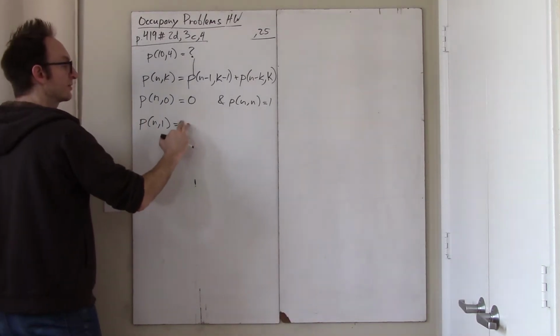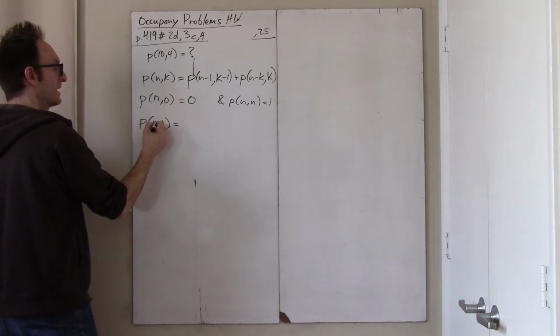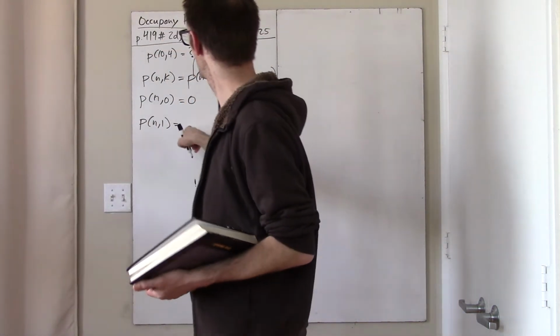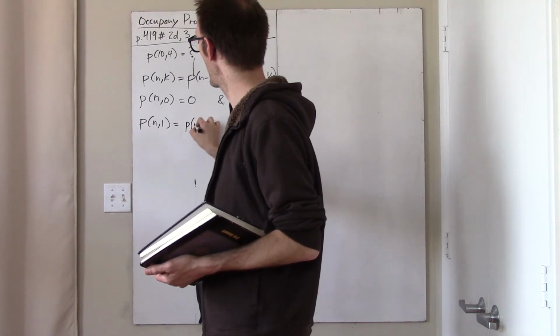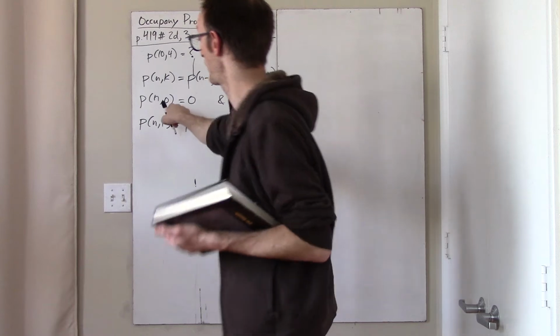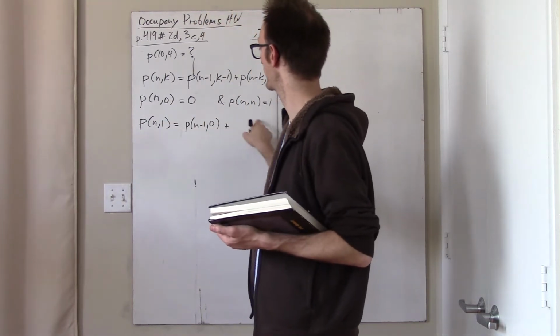But if we wanted to sort of use the theorem on P(n,1), well, what would you get? You would get that it was P(n-1, 0), where we take 1 away from there, which according to this is 0. And then what are you left with here?